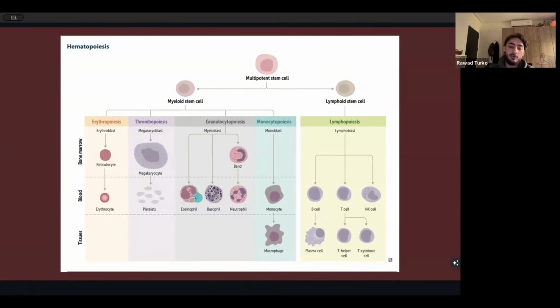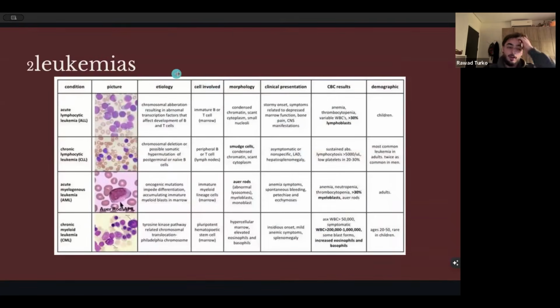Okay, but if you see granules, or something in the cytoplasm, or bilobed or multinucleated cells, that's most likely going to be a myeloid origin. Okay. Do you have any questions so far about the bone marrow failure?